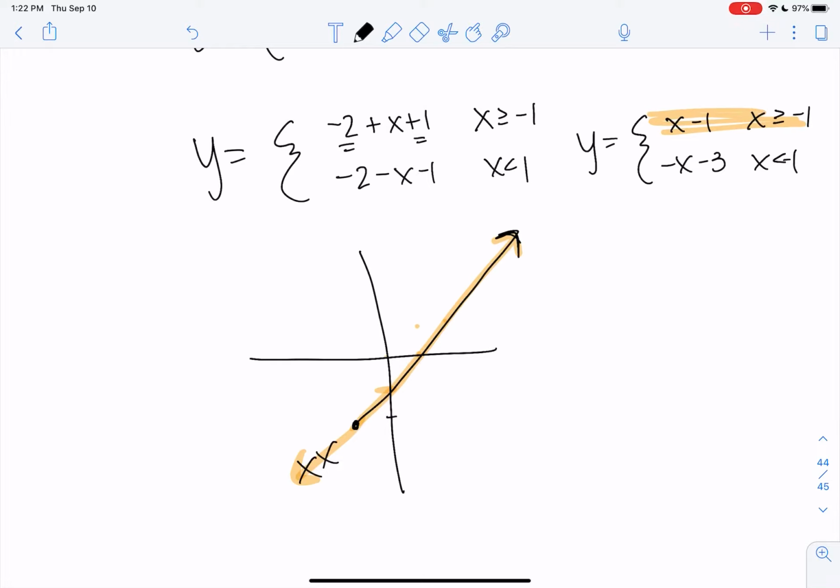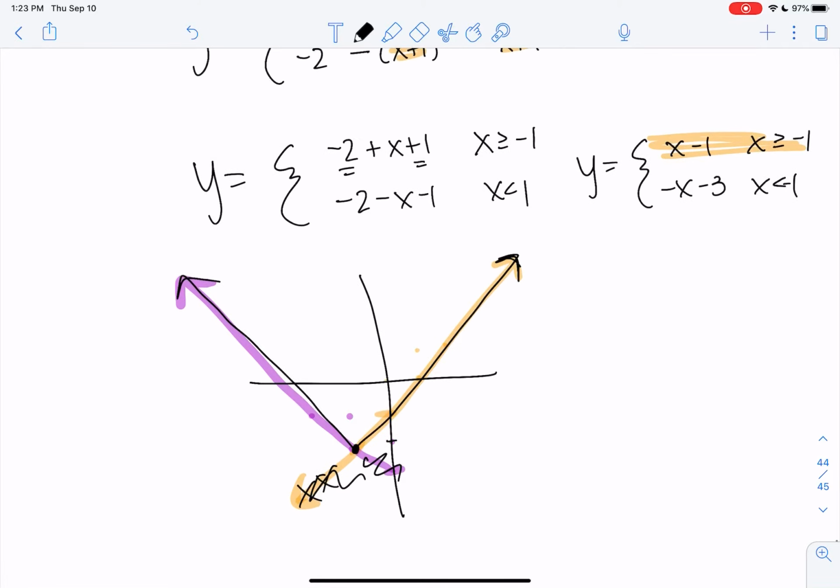And then minus x minus 3 means we start at -3. We go up 1, left 1, up 1, left 1, and it looks like this. And that's only when x is less than -1, so we only keep the left piece. So basically all this goes away. And that's the graph. I think the other way is easier and more efficient, but it's good to learn two ways.